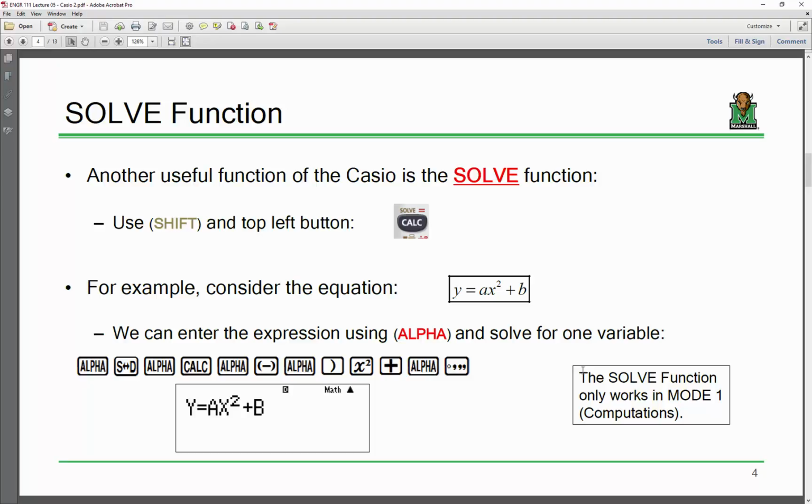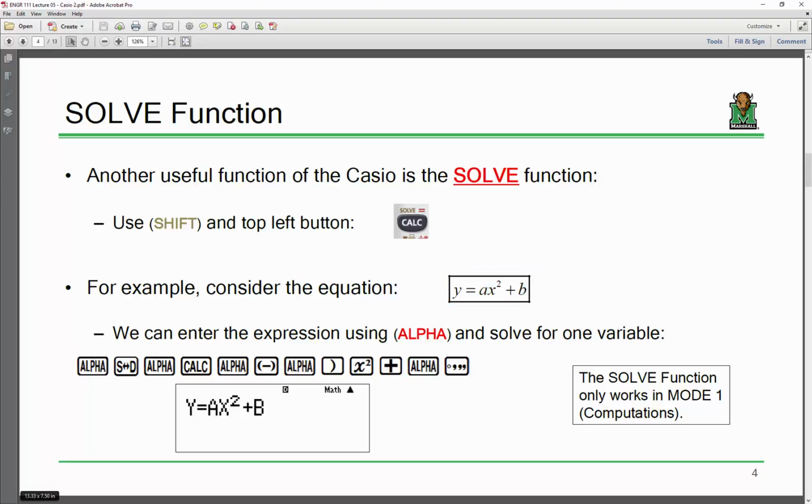The way that this works is I can plug in a given expression, let's say y equals ax squared plus b, and using solve, I can choose one of these variables that I'd like to solve for. Let's say I want to solve for x. I plug in all of the other values, and then the calculator will actually figure out what x needs to be to make the expression valid.